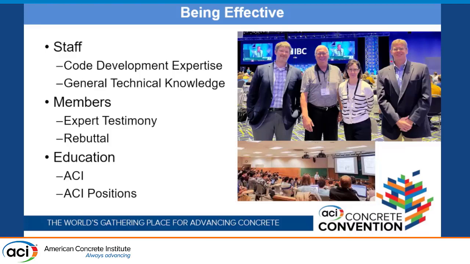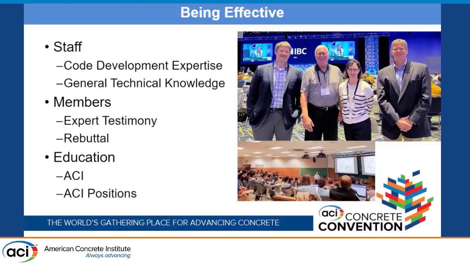And then there's also the education of the code officials. Picture this poor code official with these hundreds of reference documents and reference standards in 15 different codes that they have to have some knowledge about. So they're overwhelmed.